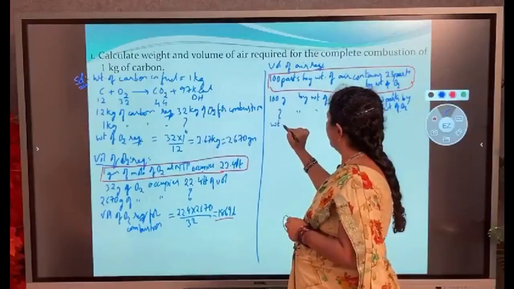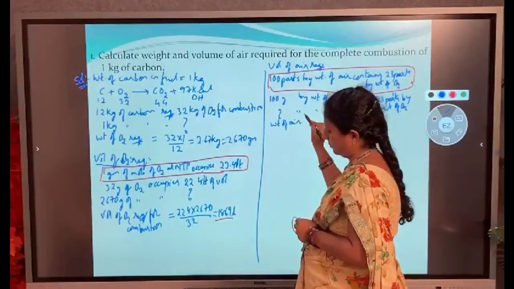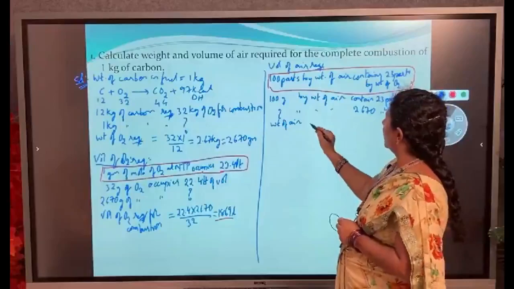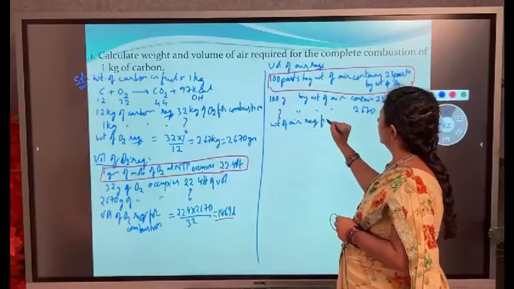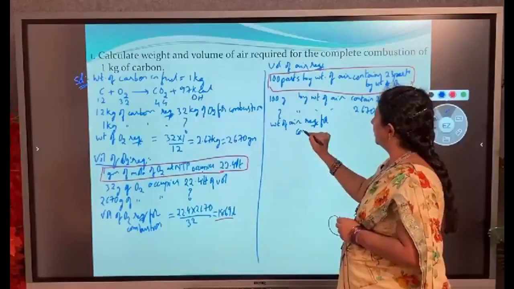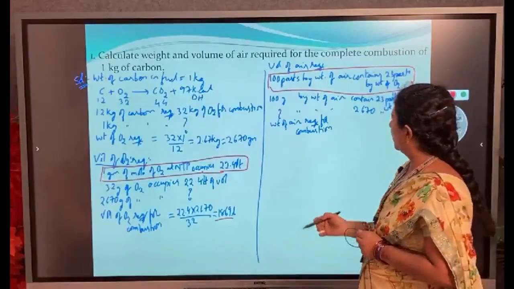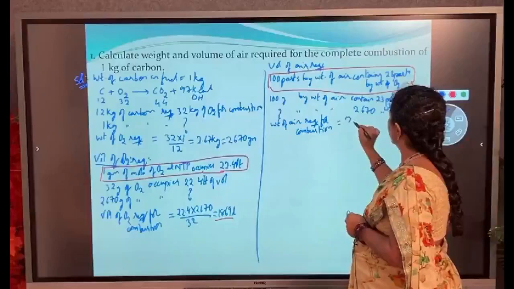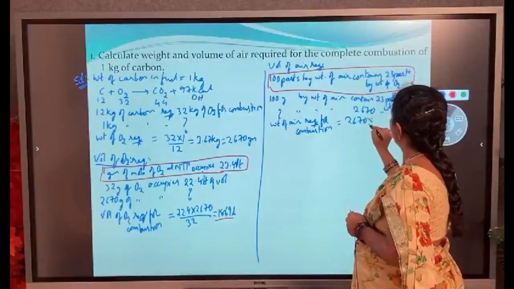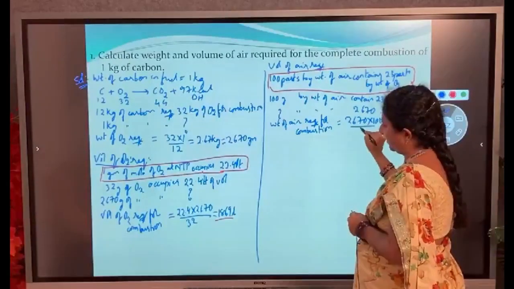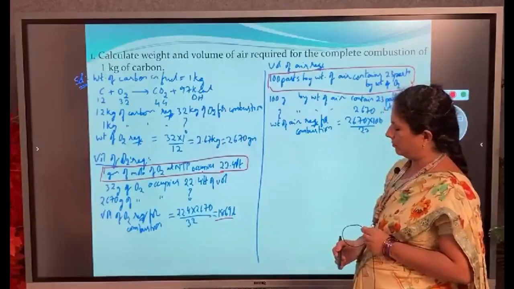So, weight of air required for combustion will be equal to 2670 into 100 by 23.